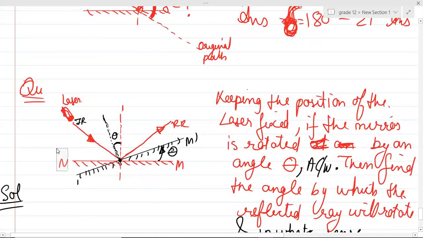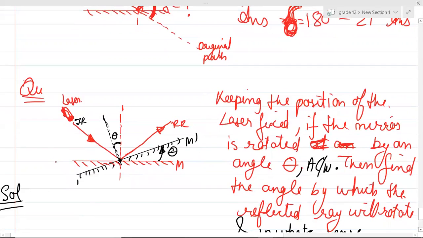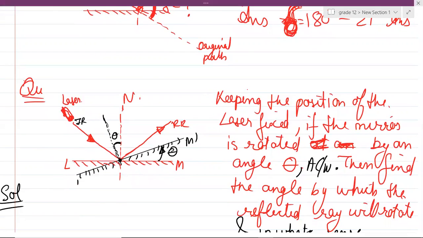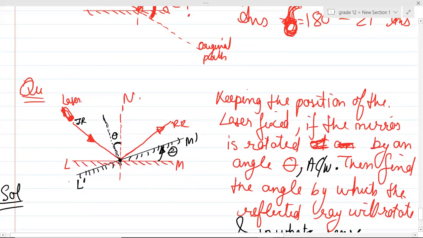Let's say the mirror is LM and the normal was N. Is it clear, guys? The new position becomes L dash M dash, and the normal becomes N dash, right?